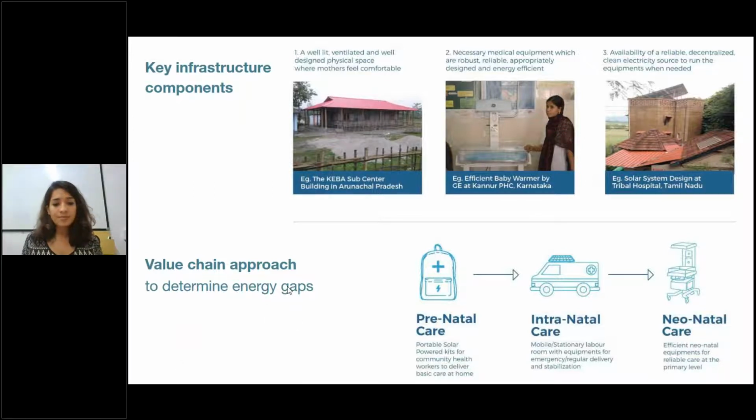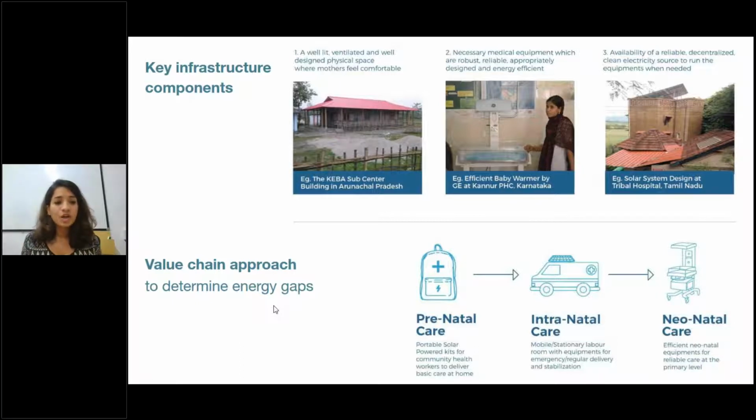The other aspect of our work is really to look across the value chain. So, for example, while looking at maternal and child care, it's not simply about powering the equipment at the health facility, but rather to see along the value chain how you can reduce the burden on the health facility.